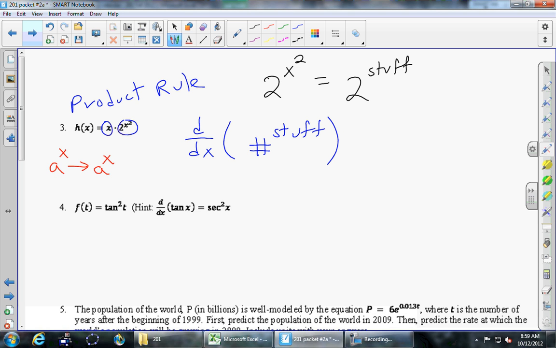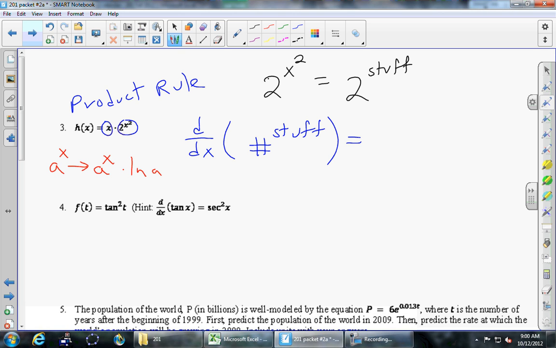This is a number to the x times natural log a. That was our rule. We introduced it a few days ago. All right, it's the same rule. It's now a number like a, but now instead of x, it's some stuff. So let's write down the derivative here.